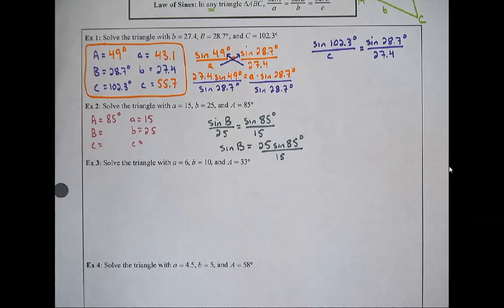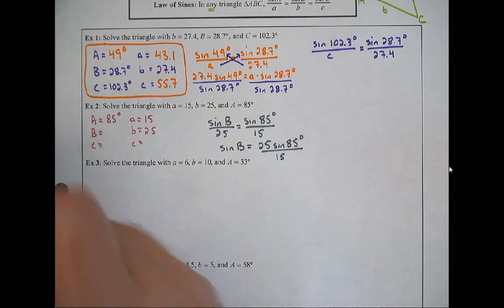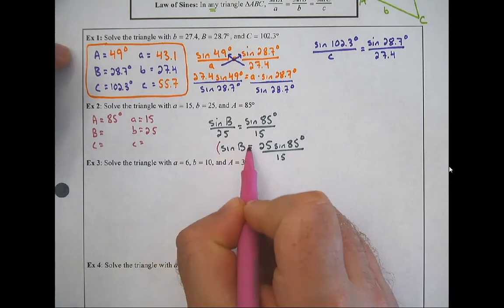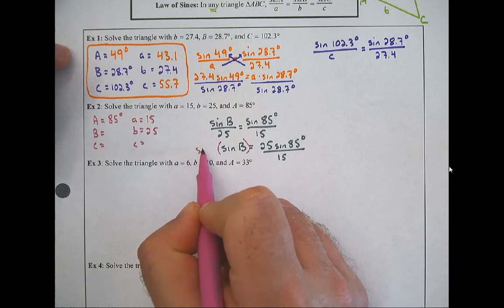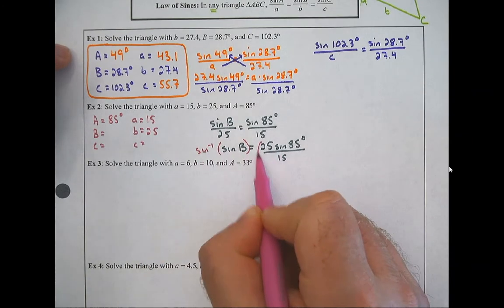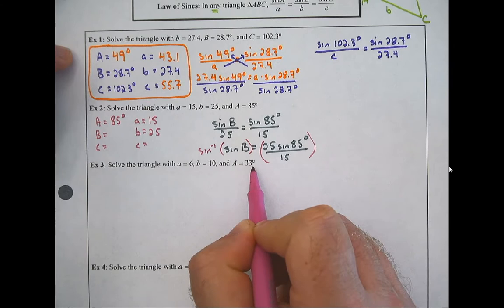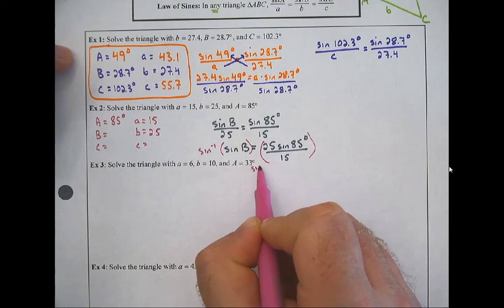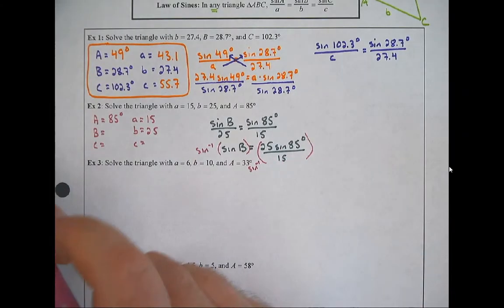And now, we haven't talked a ton about this, but what's the thing that kills sine? Most of you remember it. Sine is canceled out by sine inverse. So whenever I want to kill just sine, I do sine inverse of both sides.